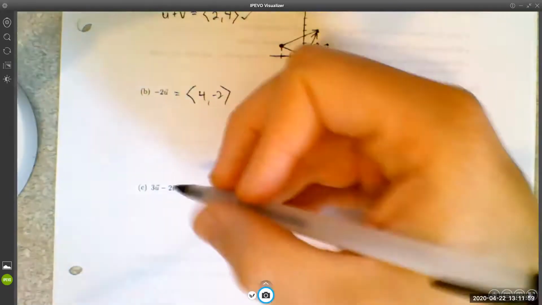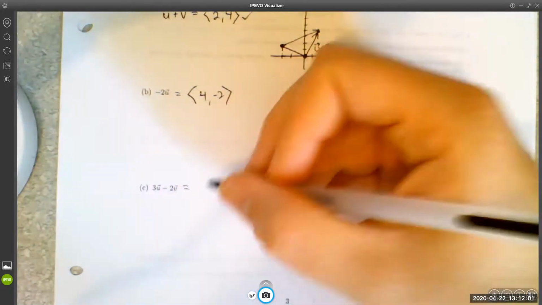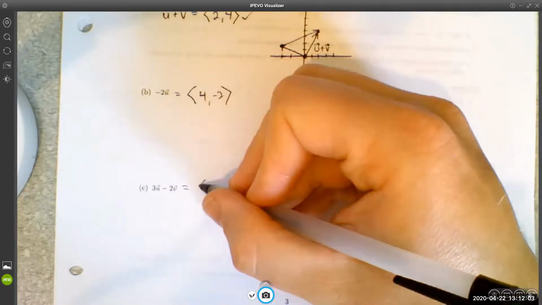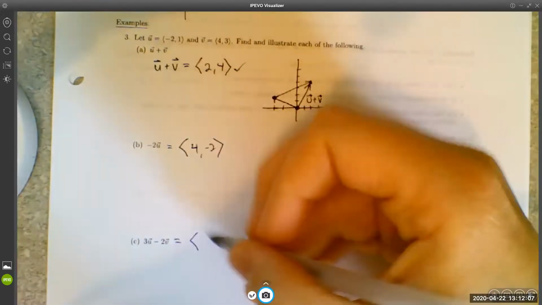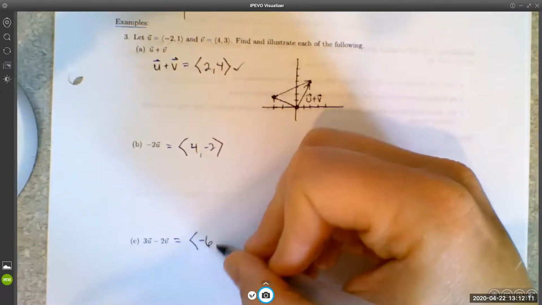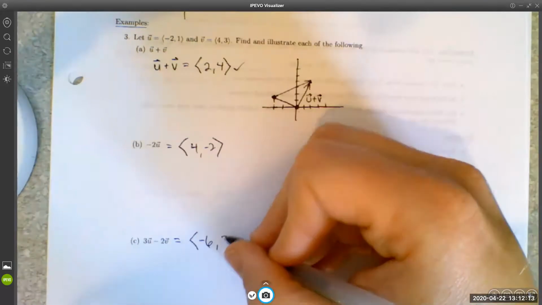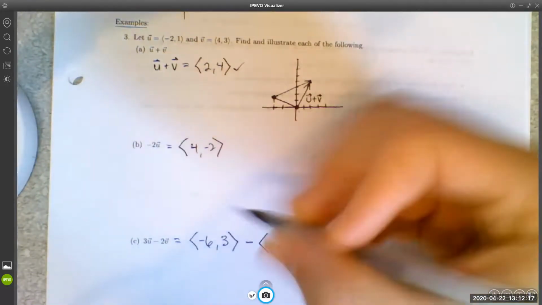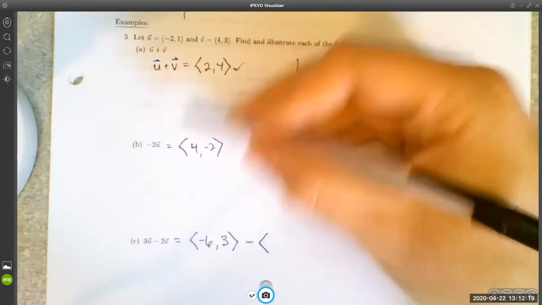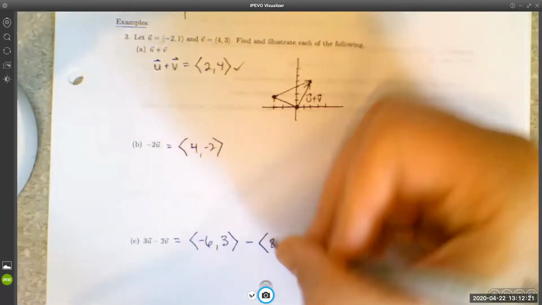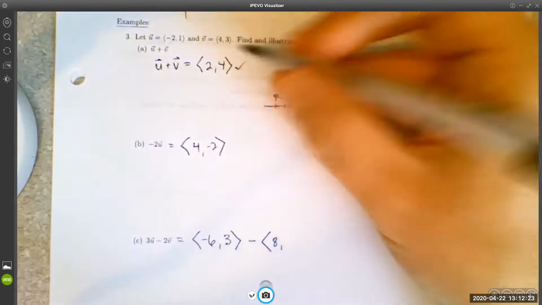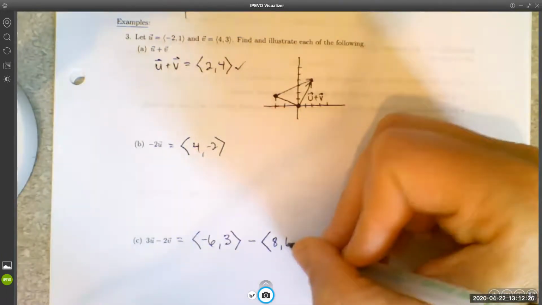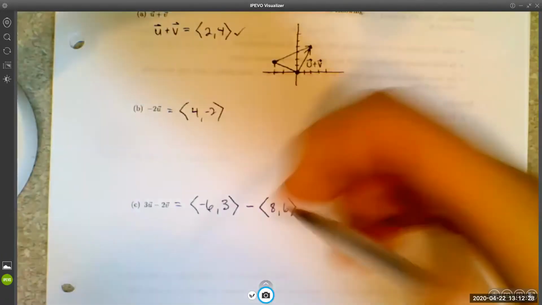For part C, we have 3u minus 2v. So 3u is going to be 3 times -2, comma 3 times 1, minus 2 times v. That's going to be 2 times 4, comma 2 times 3. And then I need to subtract those.